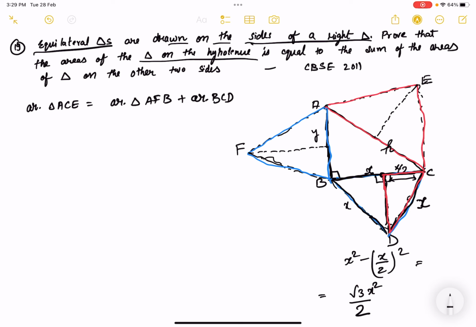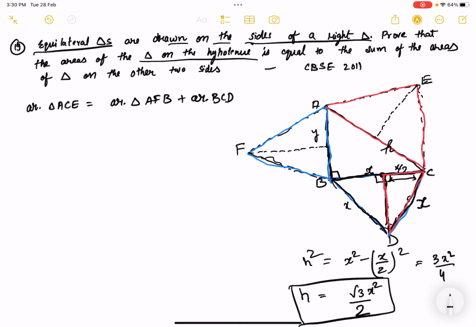We can solve this. We have to take LCM as 4, then we have 4 minus 1, 3 x square, and then we'll take the root over, because this is height square. Then height will be root 3 by 2 x.